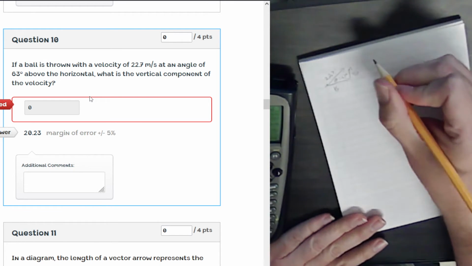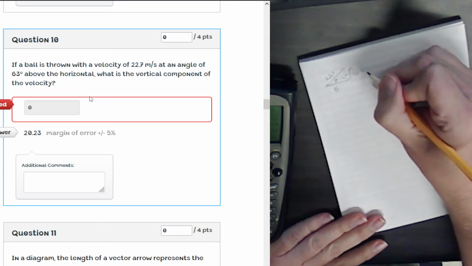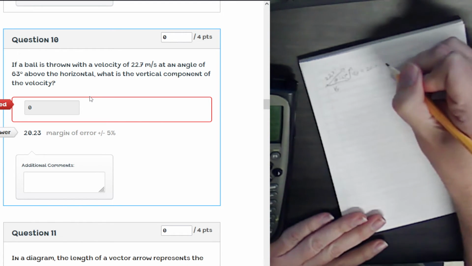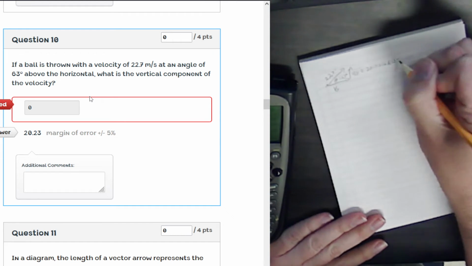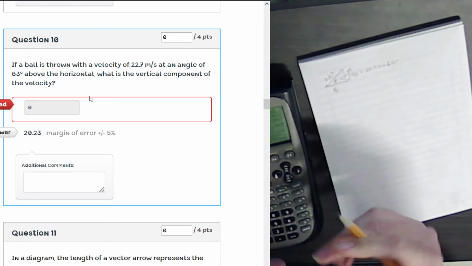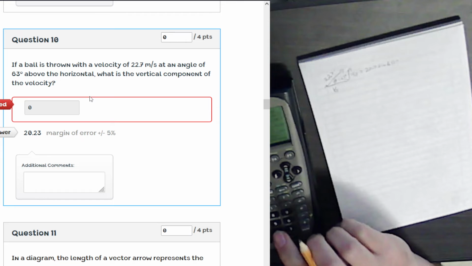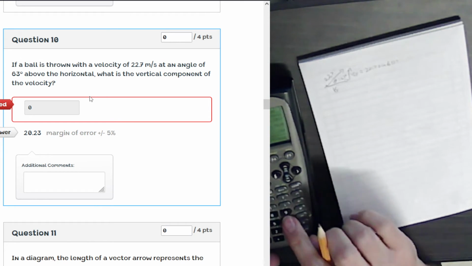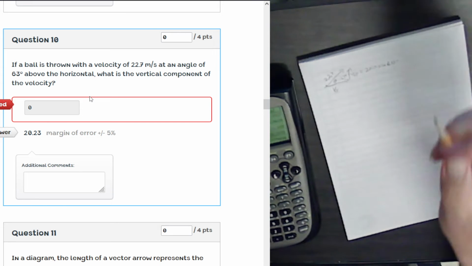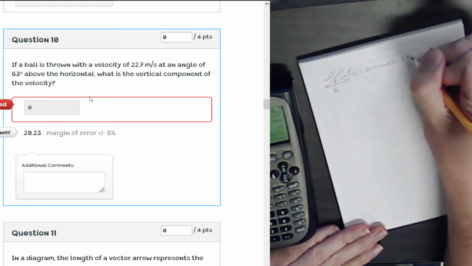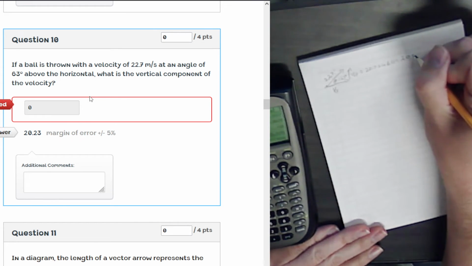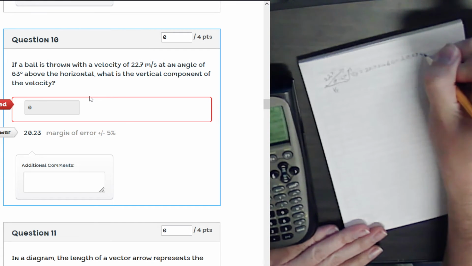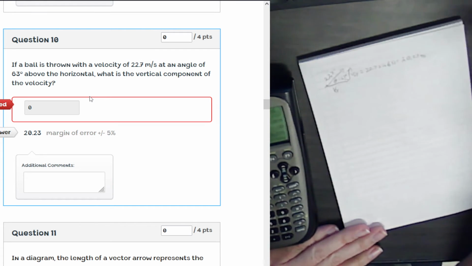It just wants the vertical component, so all we have to do is find this. So that would be 22.7 times the sine of 63 degrees. I don't even need to find x, because this is all it's asking us to find. 22.7 times the sine of 63 degrees gives us 20.23 meters per second. So that's it.